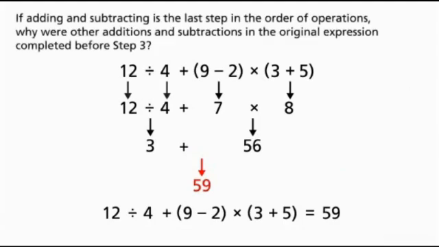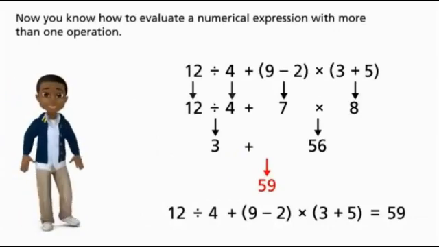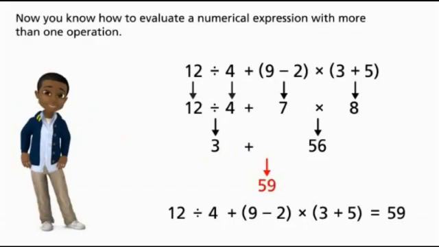If adding and subtracting is the last step in the order of operations, why were other additions and subtractions in the original expression completed before step 3? Operations that appear inside parentheses are always done first. Now you know how to evaluate a numerical expression with more than one operation.